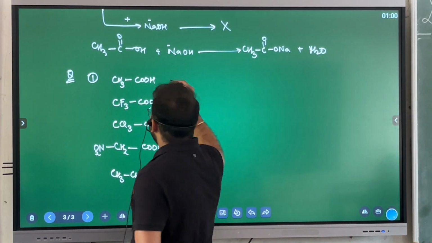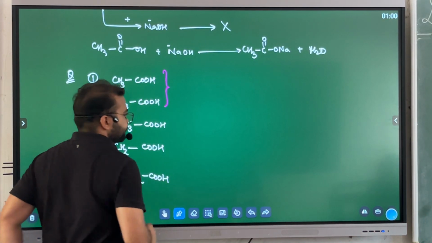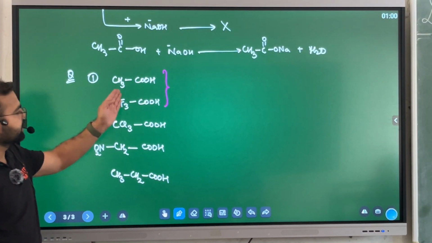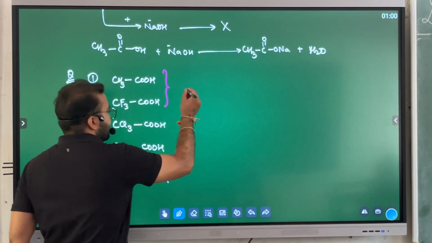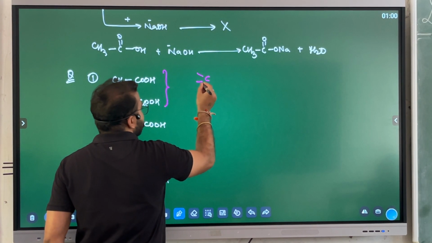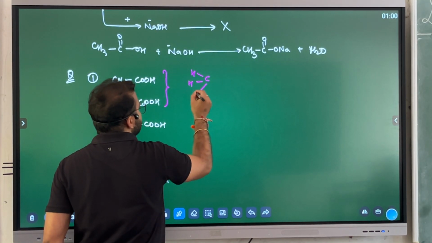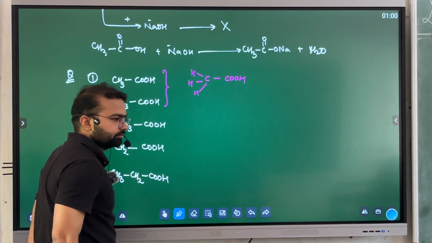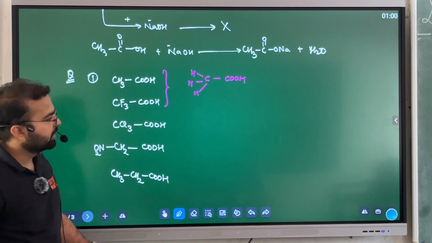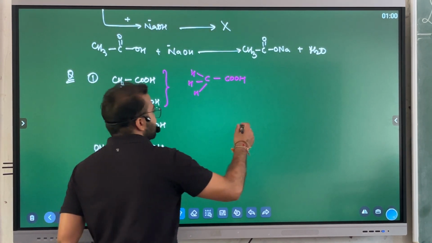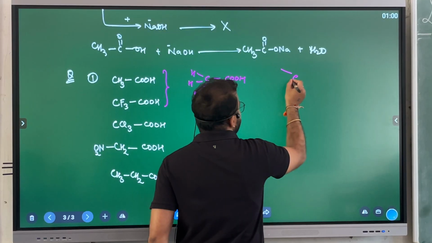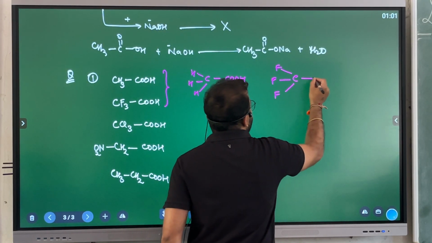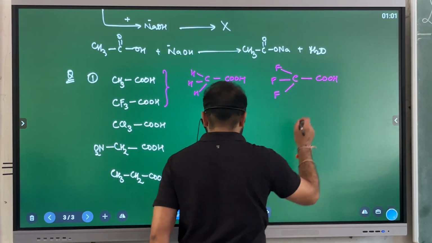First we will compare these two. Which one is more acidic, here and here. In the first one, carbon is directly connected with 3 hydrogens and it is directly connected with COOH here. Second, the CF3 part: CF3's carbon is connected with 3 fluorines, and this carbon is also connected with COOH.